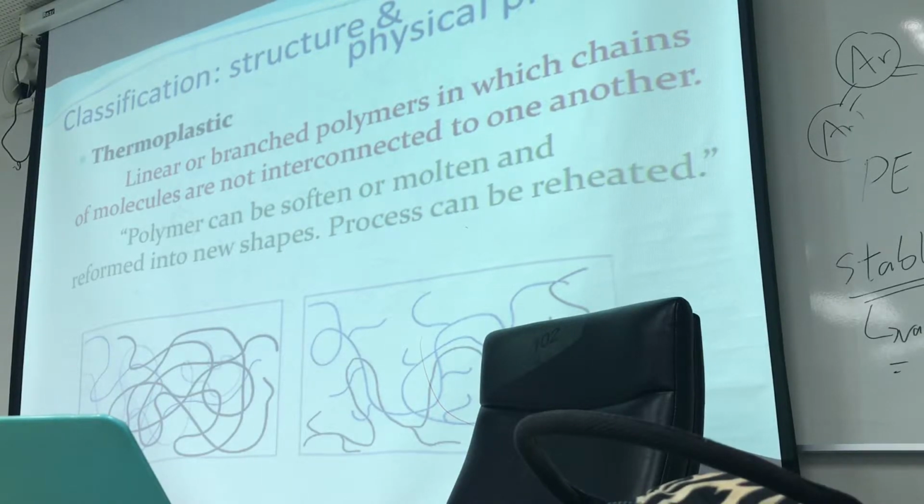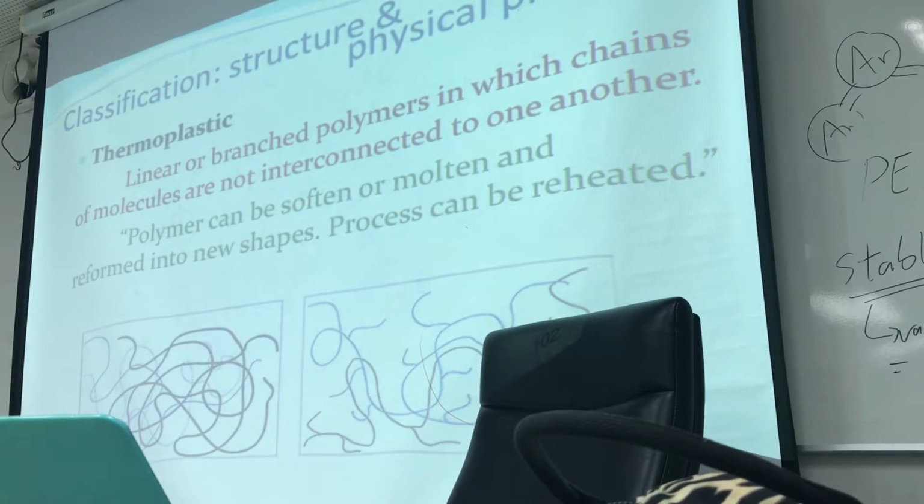Okay. Let me ask you. We have three of them. First is thermoplastic. Second is thermoset. Third is elastomer. If I'm telling you that only one of them can be recycled, which one will it be? Why thermoplastic? Because it is able to be reheated. Why?